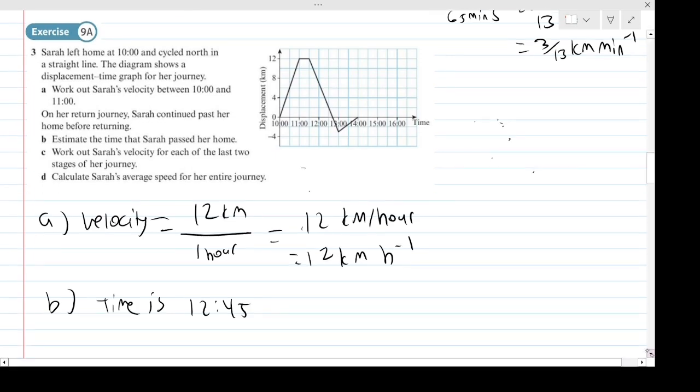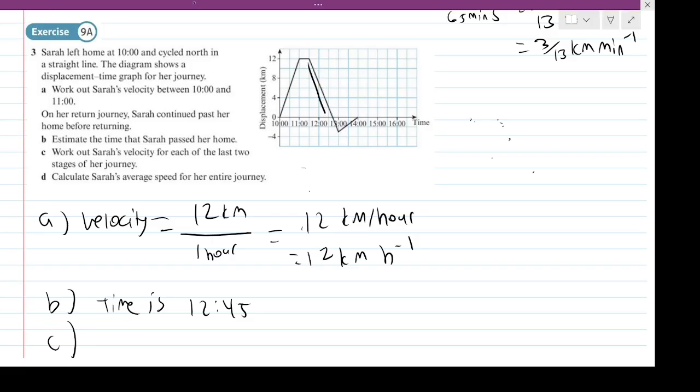Then part C, work out Sarah's velocity for each of the last 2 stages of the journey. So the distinct last two stages, the distinct lines, are this line here and then this line here.